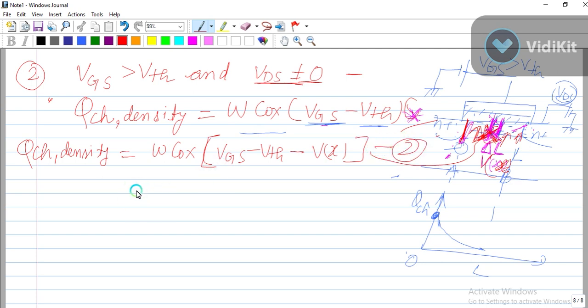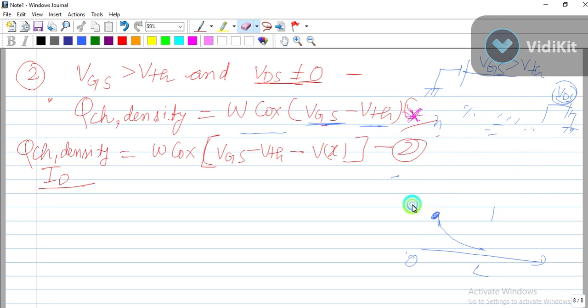But see what we want to calculate. We want to calculate the drain current. So how can we calculate that? Let me take the eraser and remove all this.